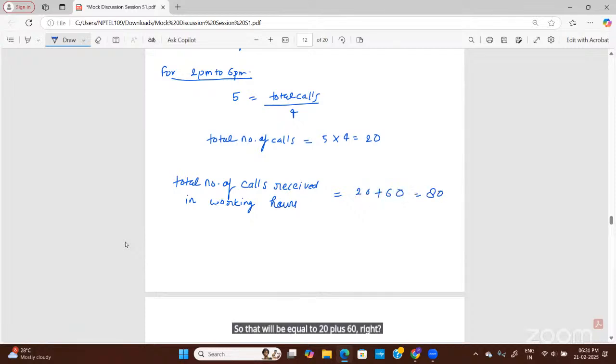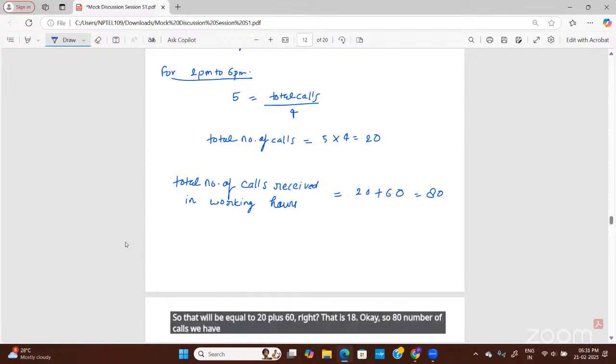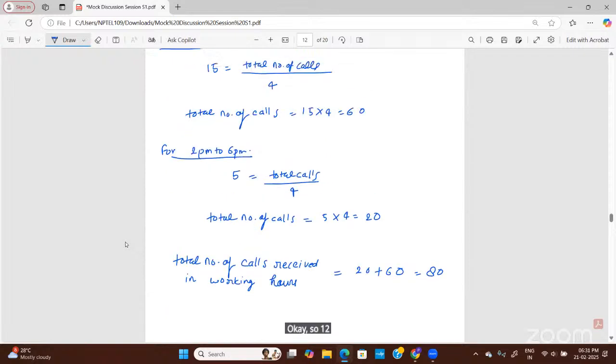Which is 80. So 80 calls we have received in a day in the working hours. 1 to 2 is the lunch time, so we don't have to consider that time period.